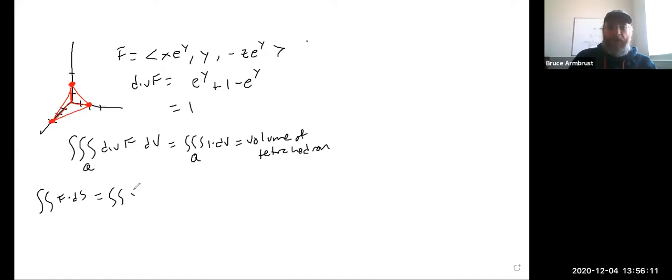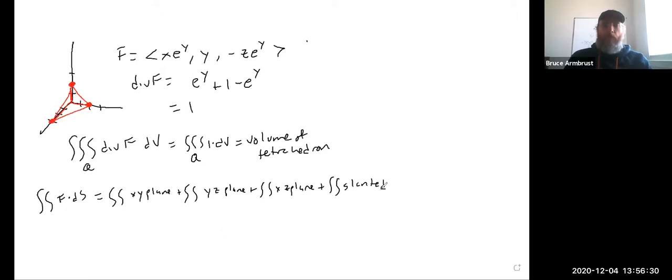We're going to look at the ones that are planar: the one in the XY plane, plus the one in the YZ plane, plus the one in the XZ plane, plus the one that's slanted. Okay, so let's look at these ones that are in the planes.